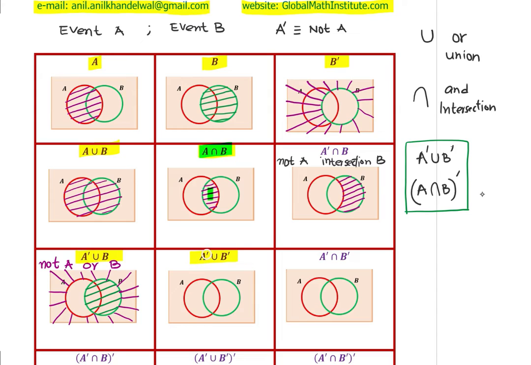When I say not A, it means everything which is outside of A. So I'm saying not A is this, right? Perfect. That is not A. And when I say not B, it means outside this portion, correct?